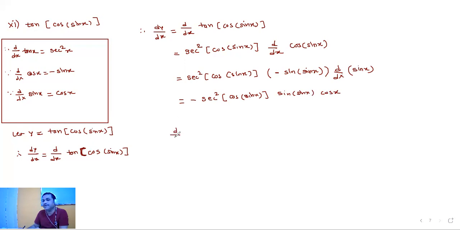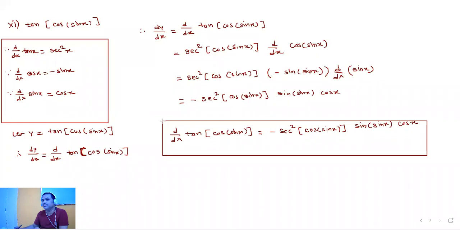So we will write d by dx of tan of cos of sine of x is equal to minus sec square cos of sine of x into sine of x into cos of x into cos of x.